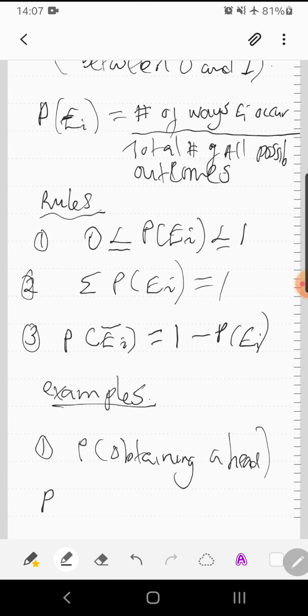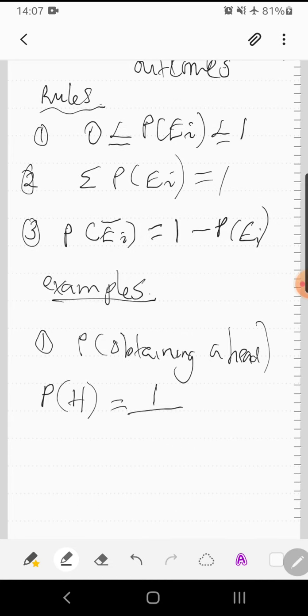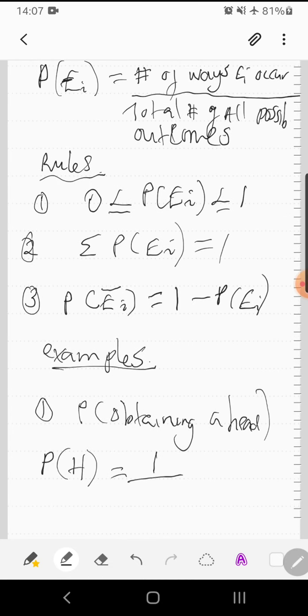So the probability of obtaining a head is, number of ways, how many heads do we have? We just have one. And all possible outcomes, we have a head and a tail, so we have 2. So that means the probability of obtaining a head is 1/2.